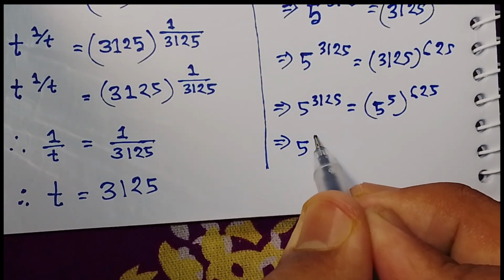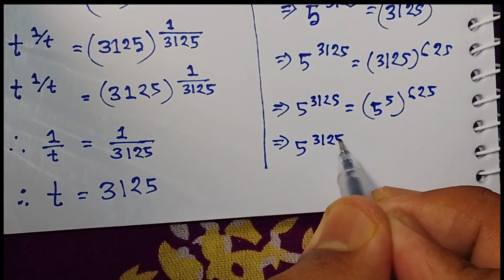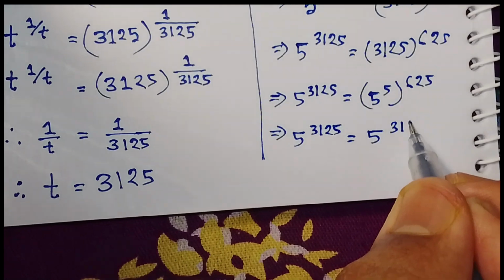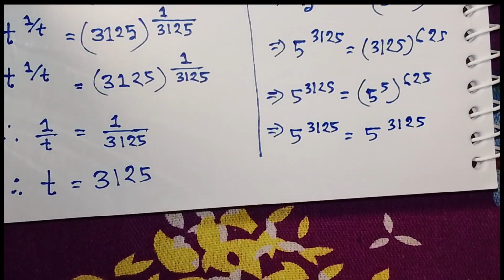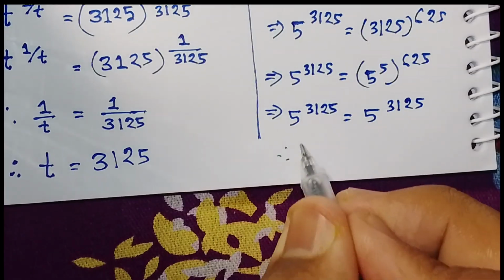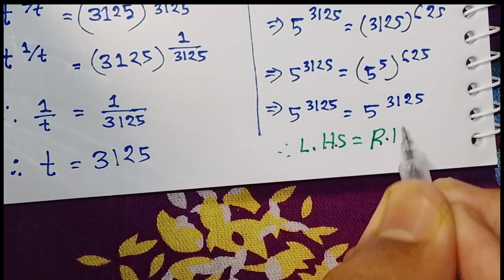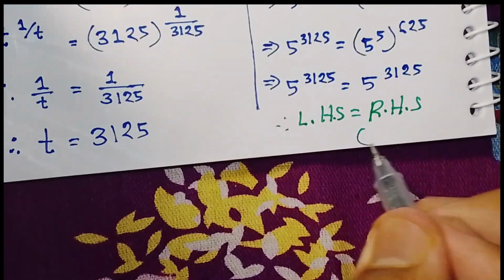So 5 to the power 3125 equals 5 to the power 3125. Left hand side equals right hand side, proved.